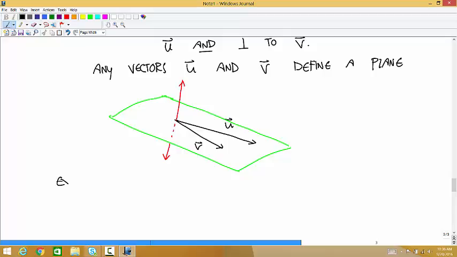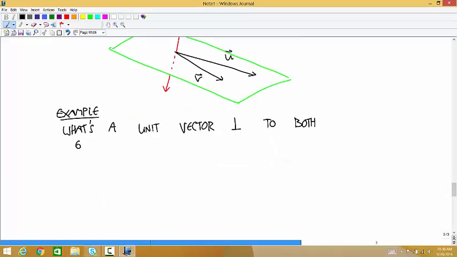So, for example, what's a unit vector perpendicular to both 6, 5, 1 and negative 2, 0, 4?